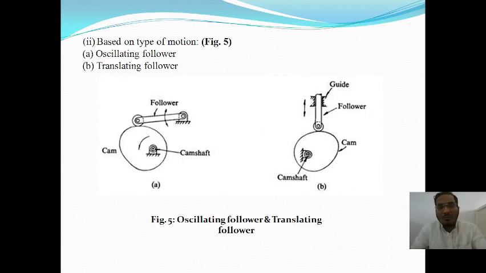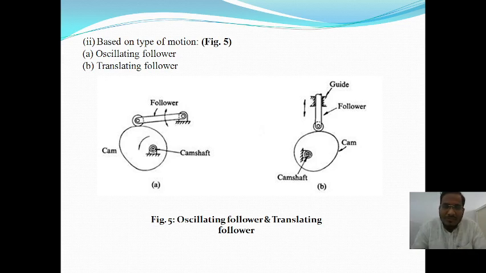Based on the type of motion, we already discussed the cam motion just now. There are two types of motion: oscillating motion and translating motion. Oscillating motion is a to and fro motion, either horizontal or vertical. Translating motion is an up and down motion.